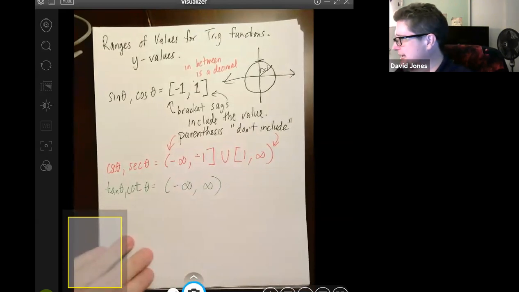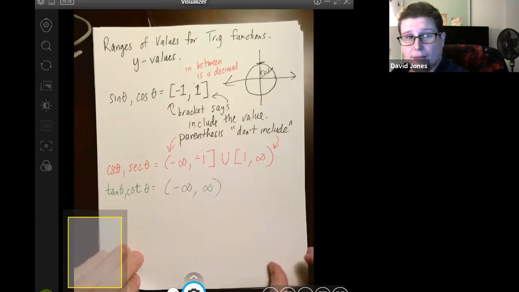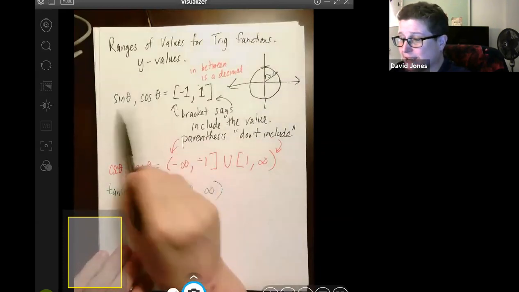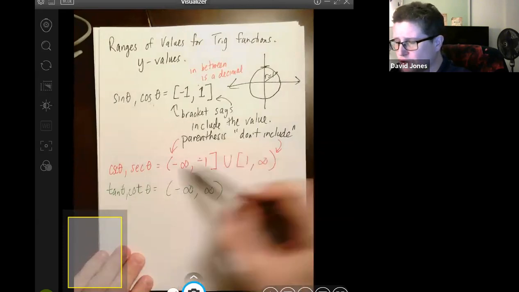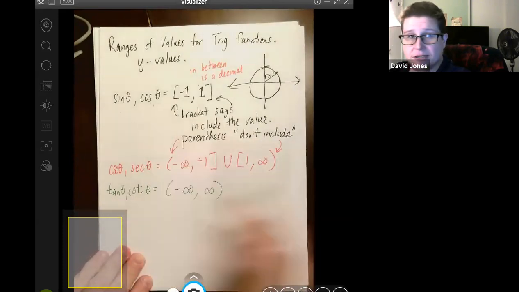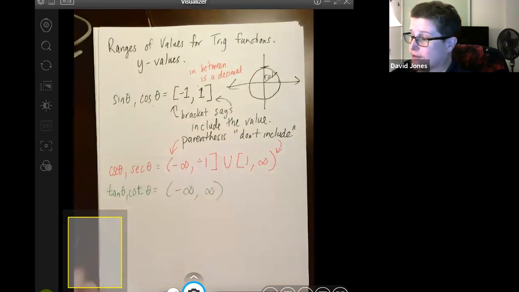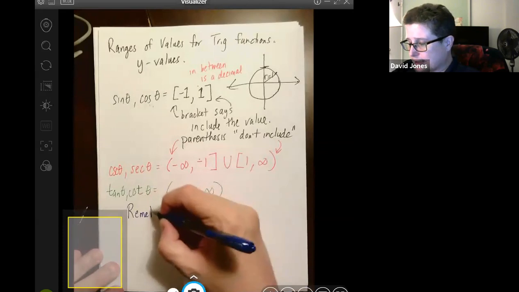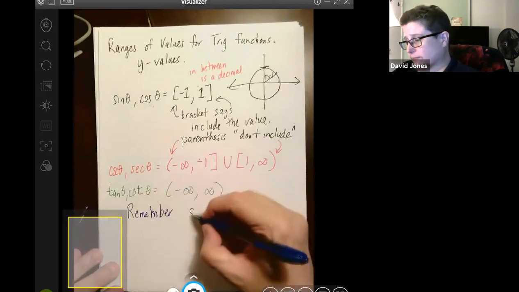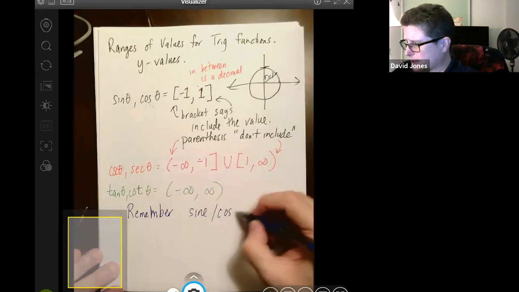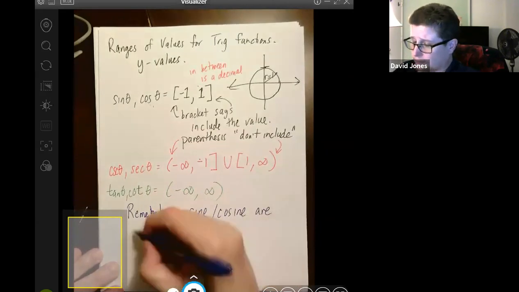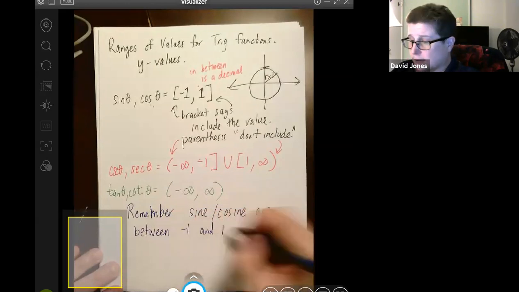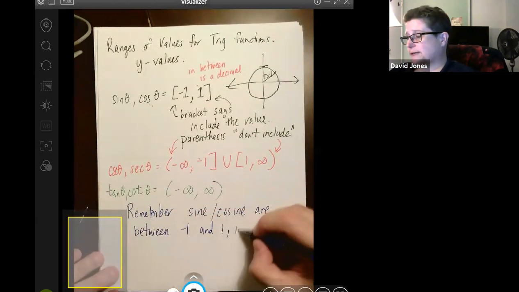Finally, the identities. Pause it if you need this. The big part to remember is these. When we start graphing them, you'll see these. Remember, sine and cosine are between -1 and 1, inclusive.